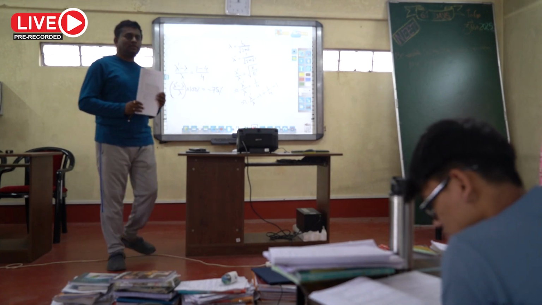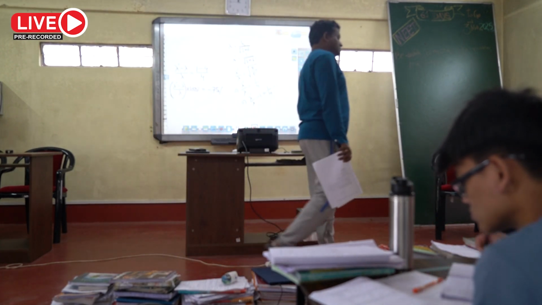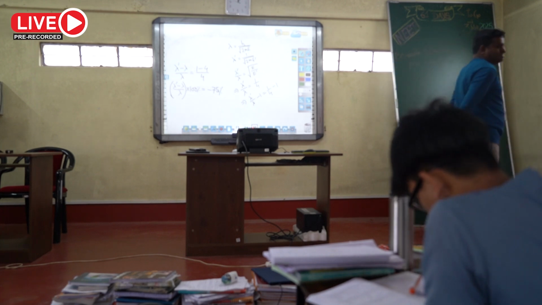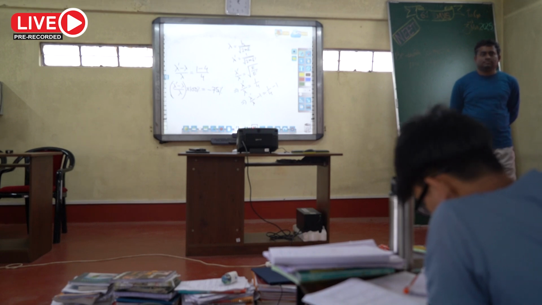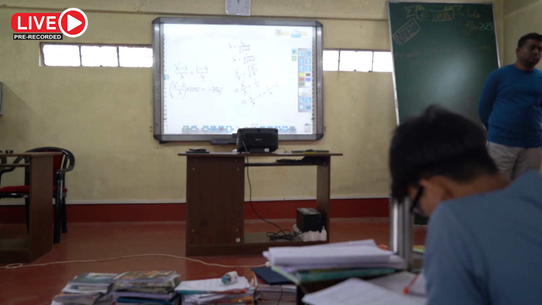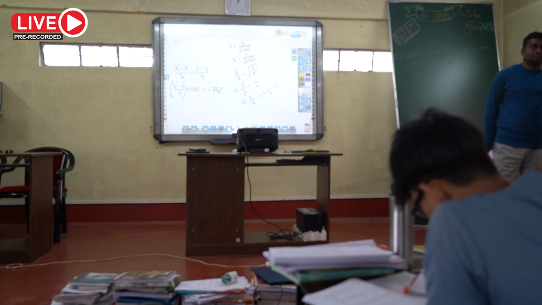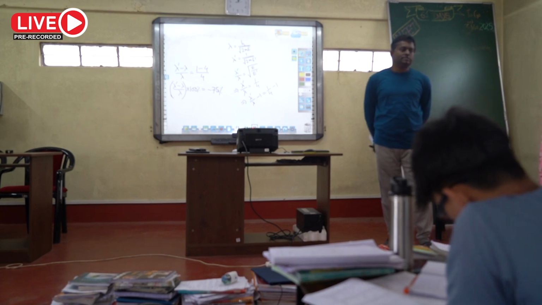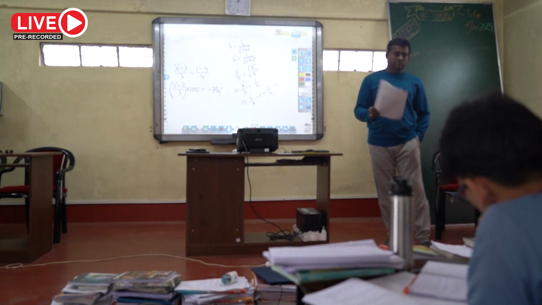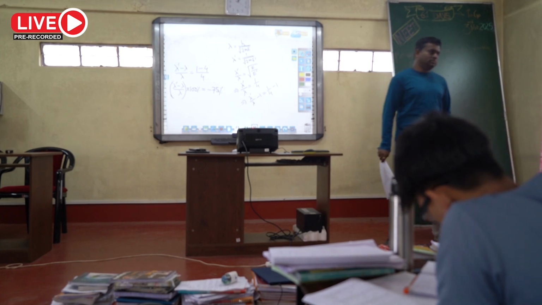First calculate that n in which it will rise. In which orbit the electron will jump if it is excited with this energy, that you have to calculate.